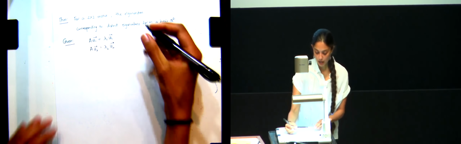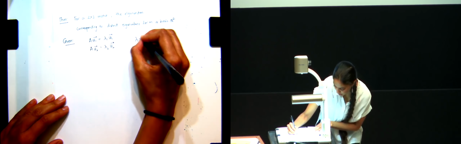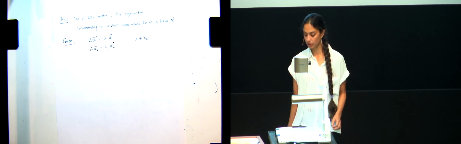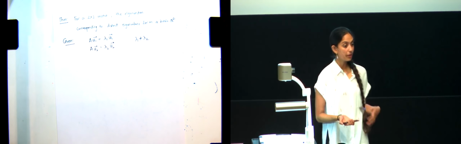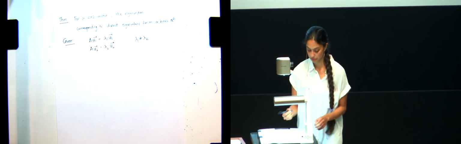So we somehow managed to find these eigenvalues and eigenvectors, lambda 1, lambda 2, V1, V2, for this matrix A, and we know that lambda 1 is not equal to lambda 2. Then we want to show that V1 and V2 are linearly independent, right? Because if they're linearly independent, then they're going to form a basis.